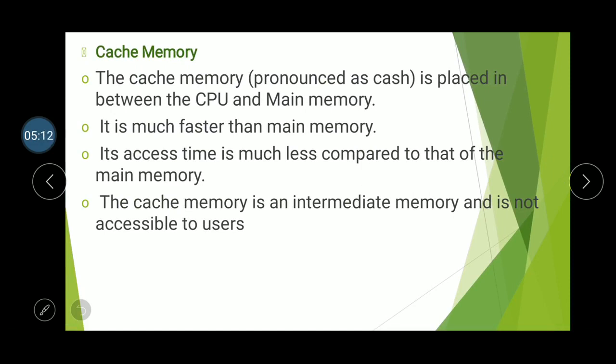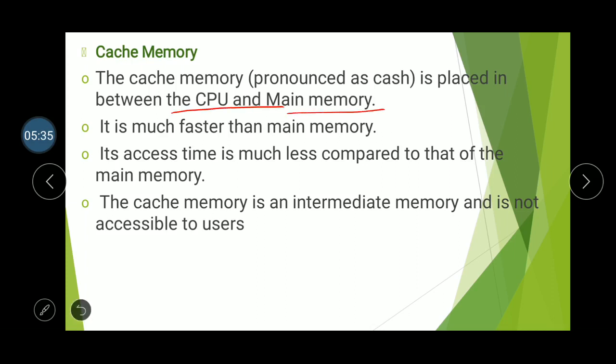It is much faster than main memory. Its access time is much less compared to that of the main memory. The cache memory is an intermediate memory and is not accessible to users. That means it is a memory which is placed in between the CPU and main memory.